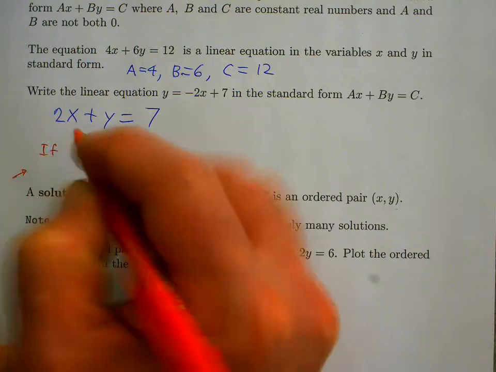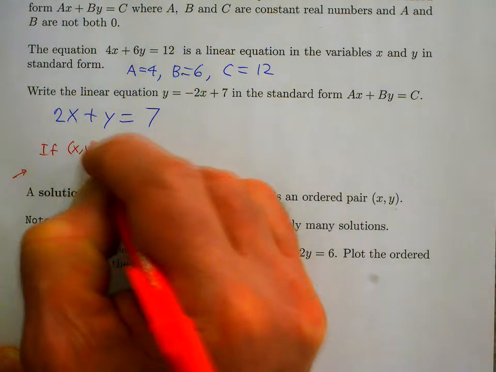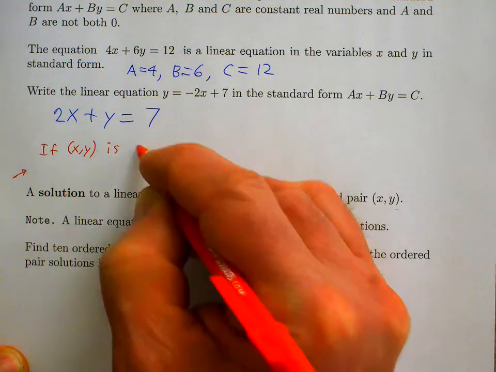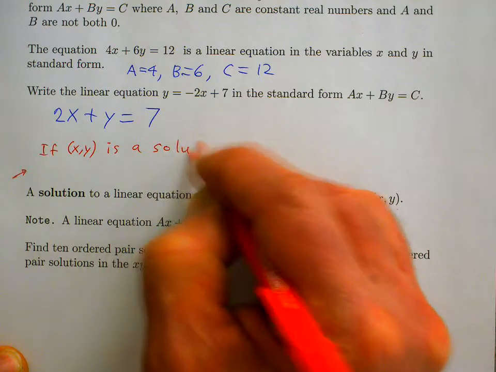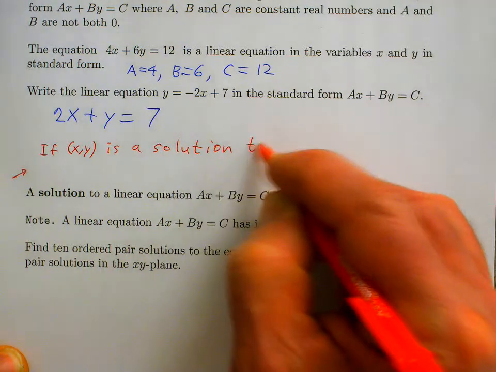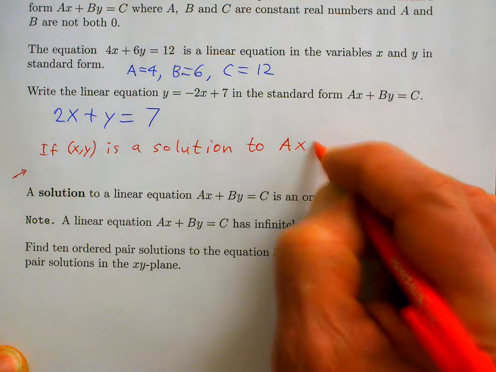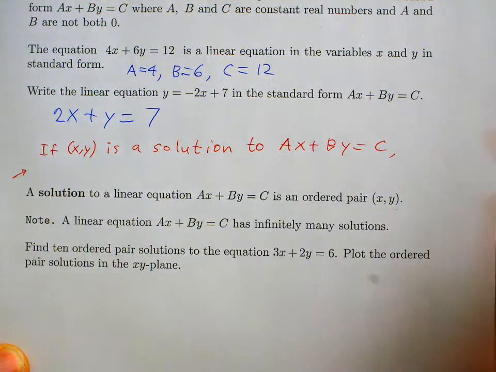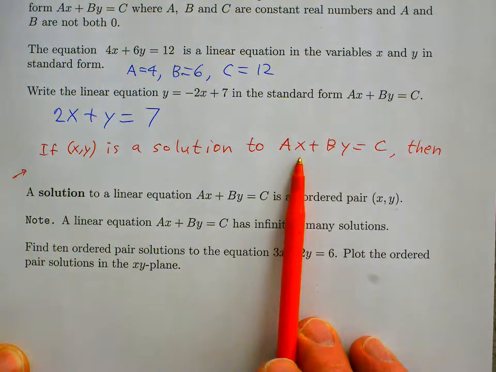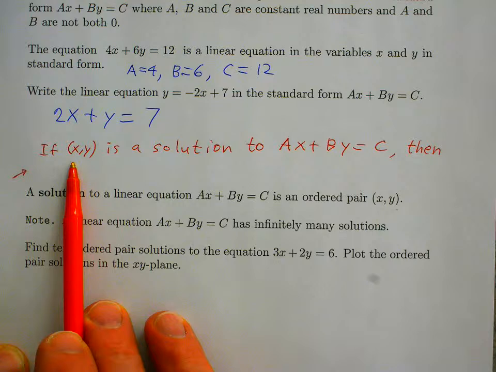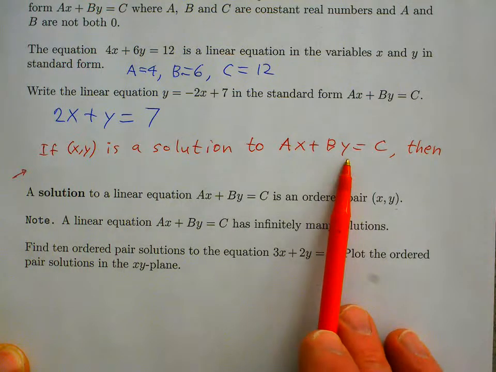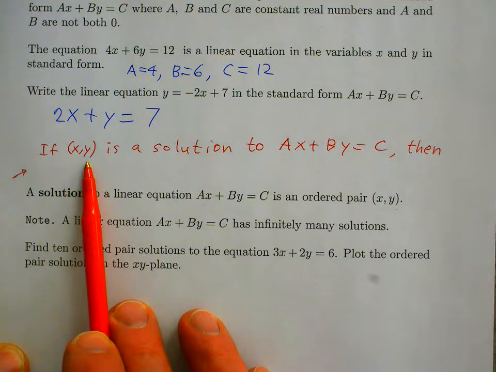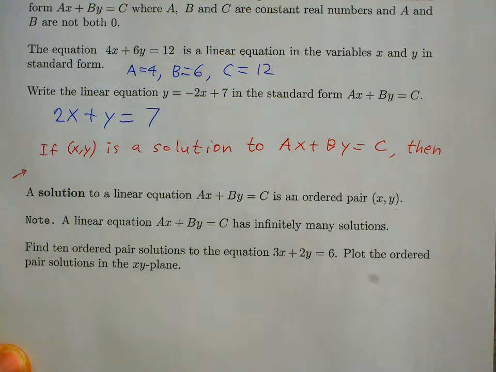If the ordered pair x, y is a solution to ax plus by equals c, then replacing x with the x-coordinate of the ordered pair and replacing y with the y-coordinate of the ordered pair will result in an equation that is true.